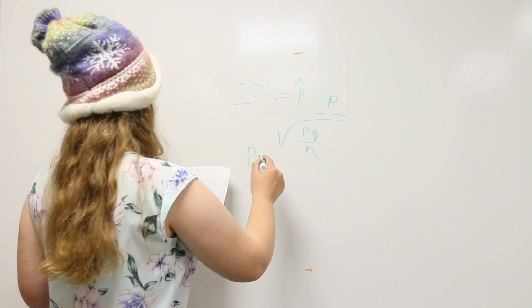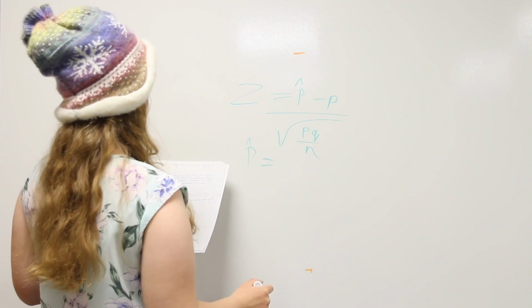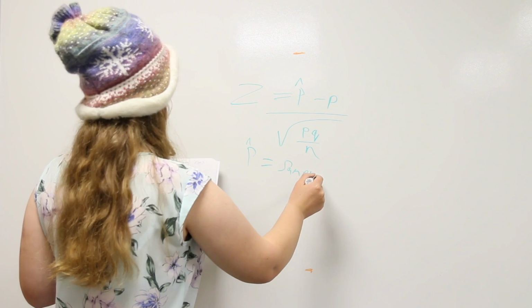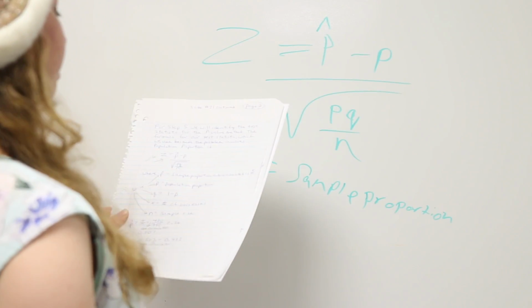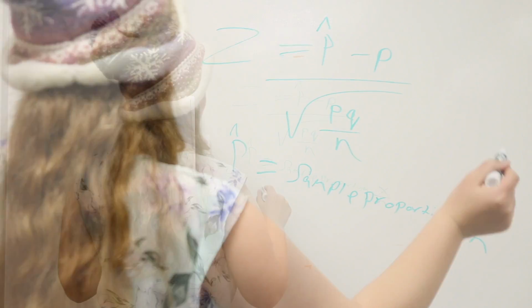P hat equals the sample proportion and is calculated as x divided by n.